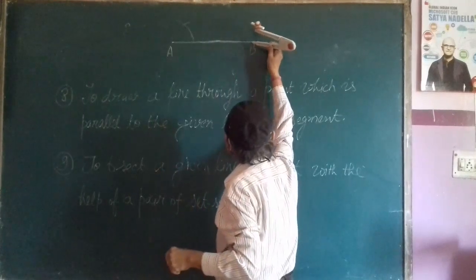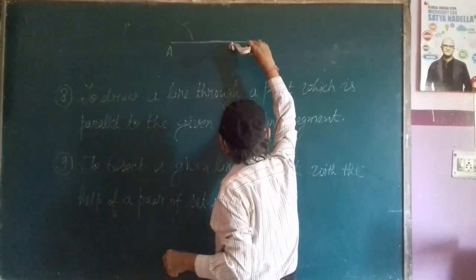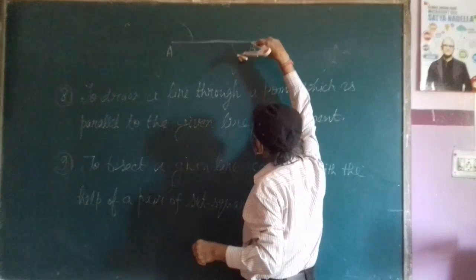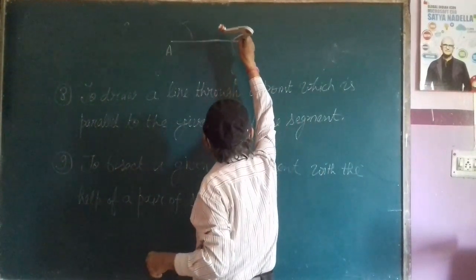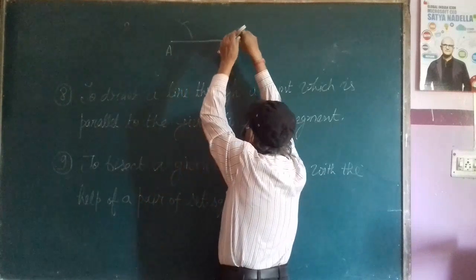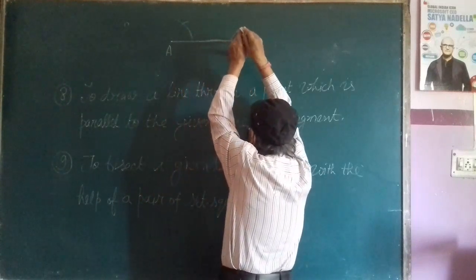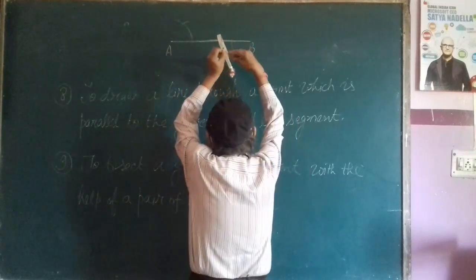Okay? Without disturbing the compass, again do 60 degrees. Put your point here, the non-pencil end, and draw the arc. This is your 60 degrees.